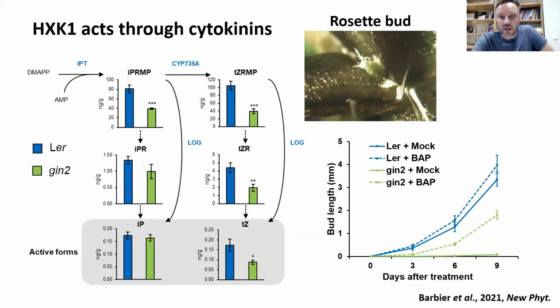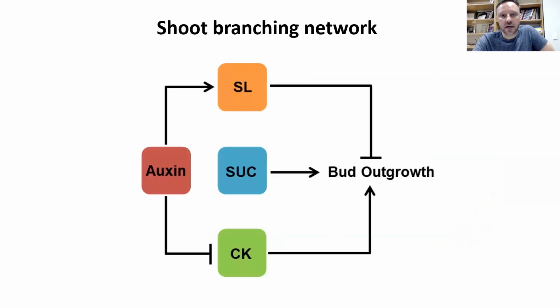And now when I treat these buds with BAP, which is a cytokinin, I could restore parts of the decreased bud outgrowth of gin2, suggesting that part of the gin2 debranched phenotype is due to a lack of cytokinins. So now to our model, we can start to add that sucrose acts at least partly through cytokinin, and that part of this effect is mediated by hexokinase 1.